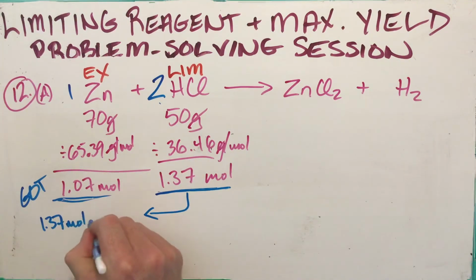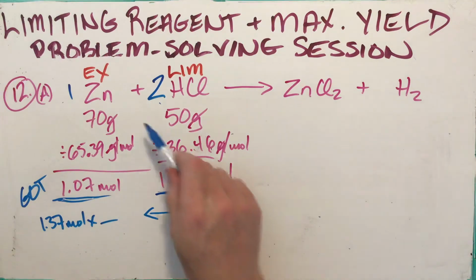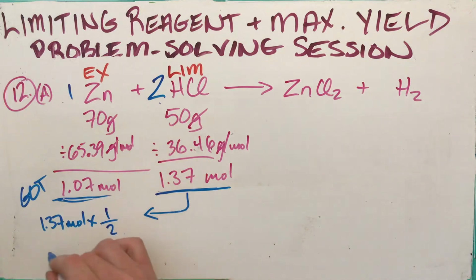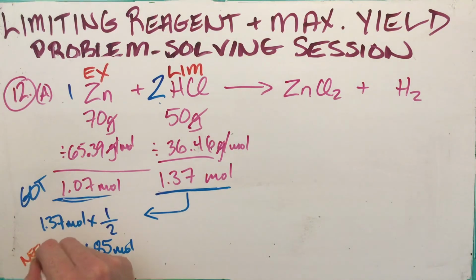1.37 moles times my mole ratio, which is 1. The head of the arrow is at the 1. The heel is at 2. And that ends up being 0.685 moles. And that's how many moles I need of zinc.